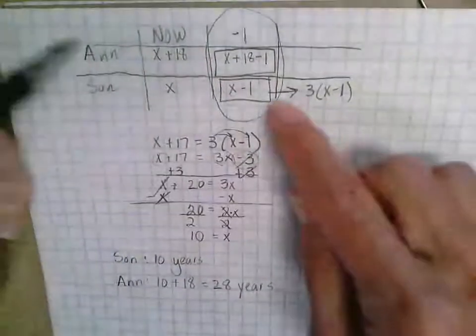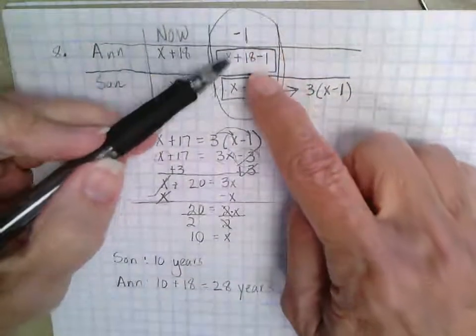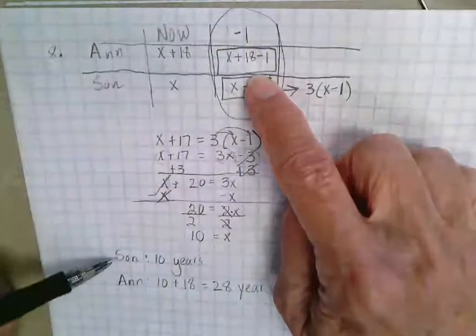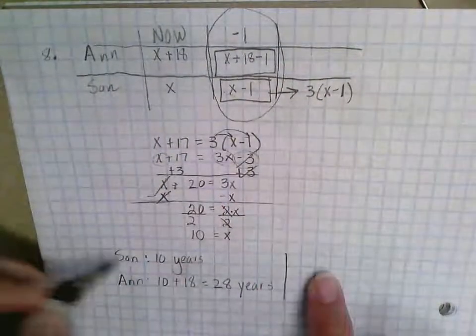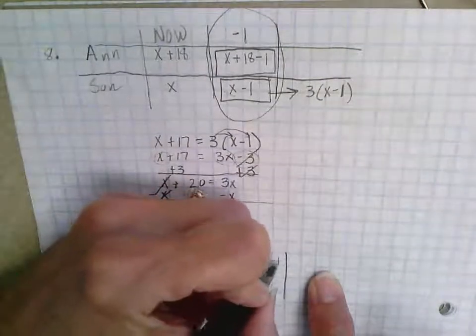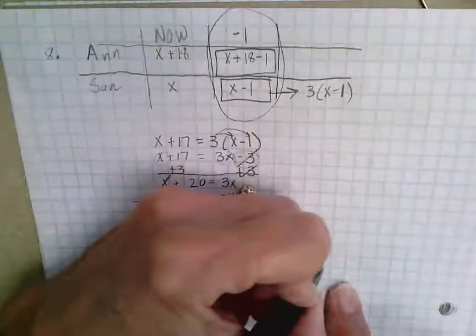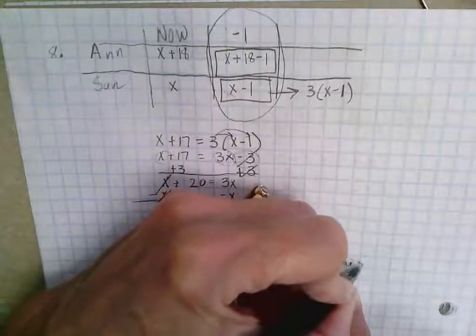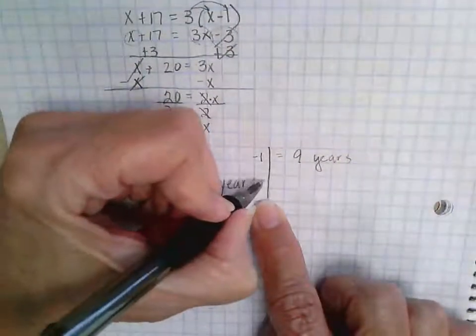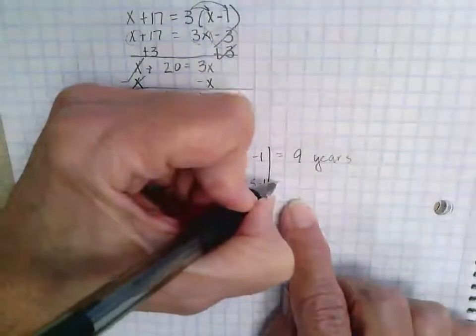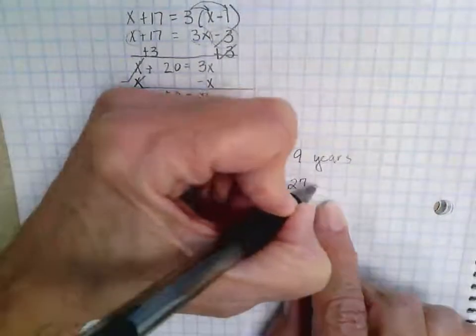But let's check it. They told us that 1 year ago, so let's do 1 year ago, the son, if I take away 1, is going to be 9 years old. And if I take away 1 year from Anne, I get 27.